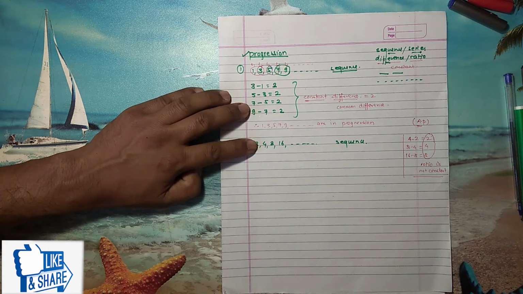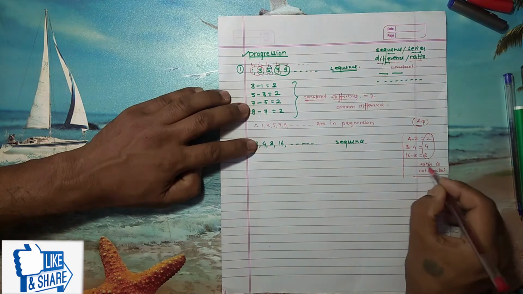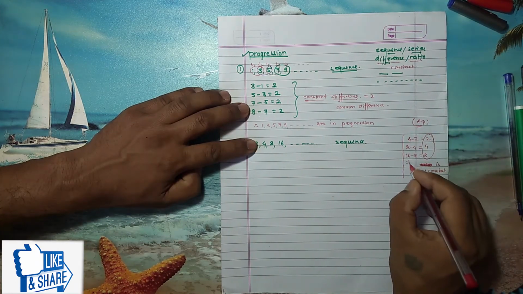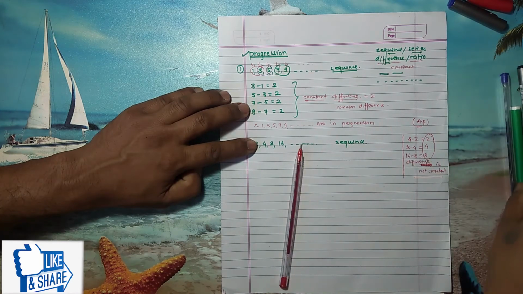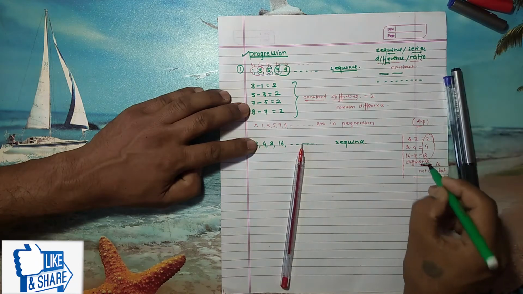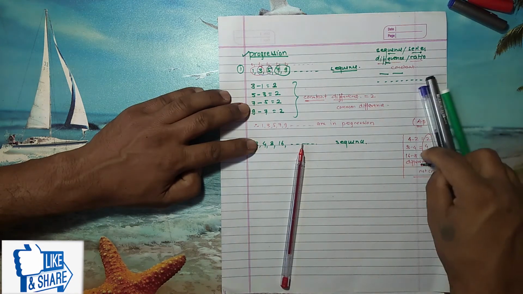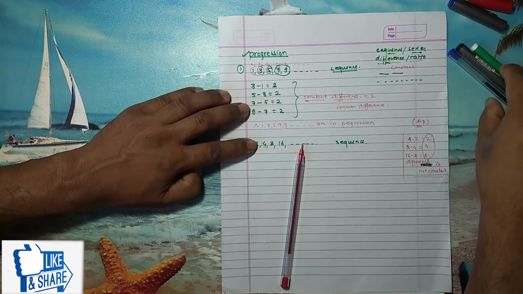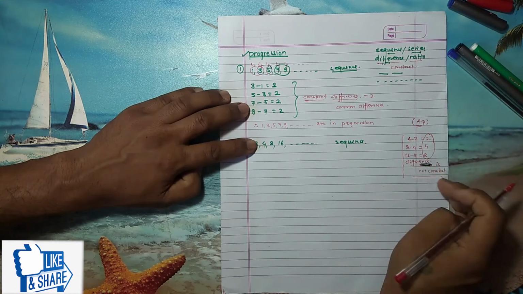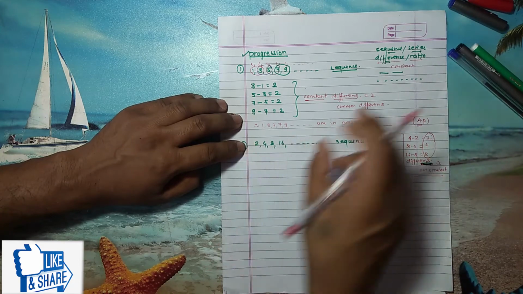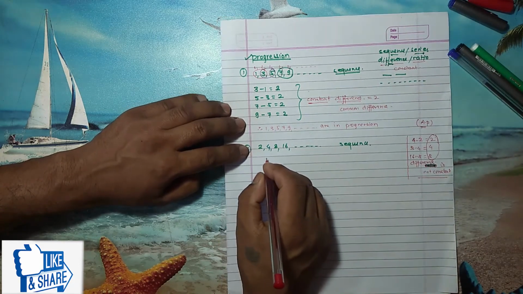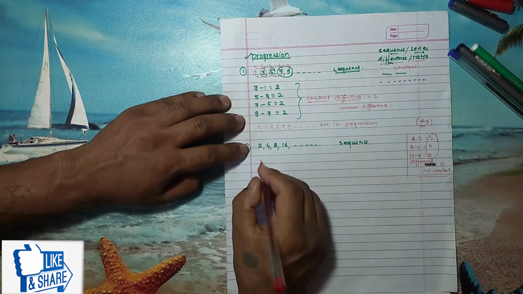Sorry, I wrote ratio, it's the difference. The difference is not constant. The differences are different here. So it's not an arithmetic progression. Here let's check whether the ratio is the same or not.